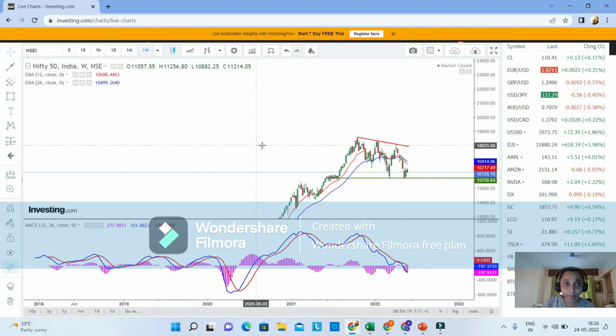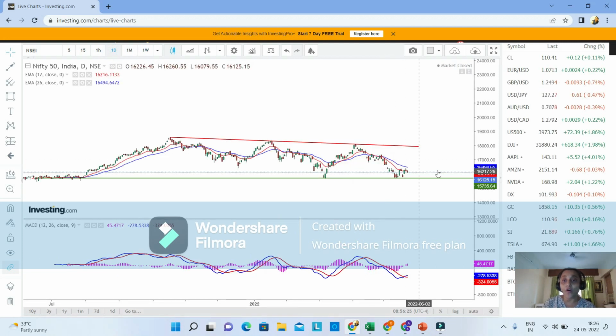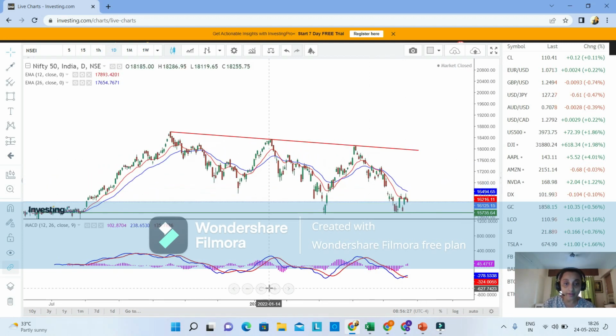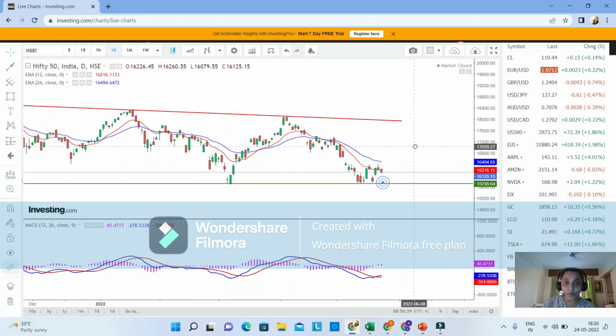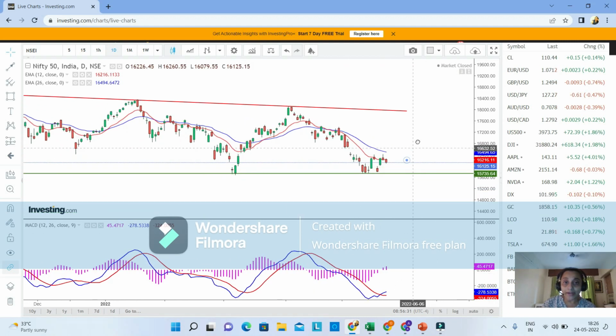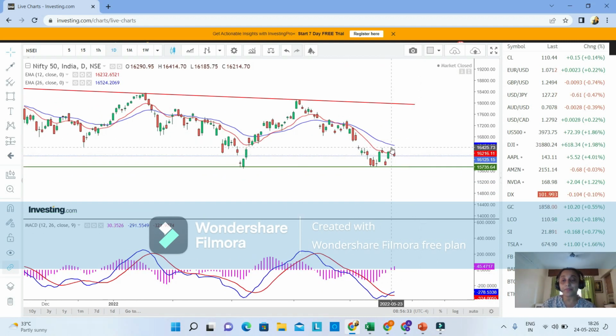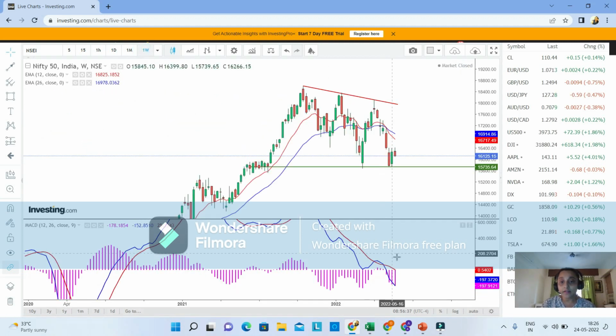So when my higher time frame, which is weekly, says it is bearish, in my daily also I look for sell trades. So my trend in daily is bearish based on my weekly trend.